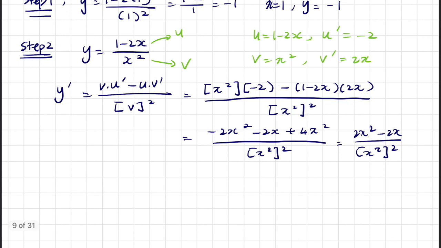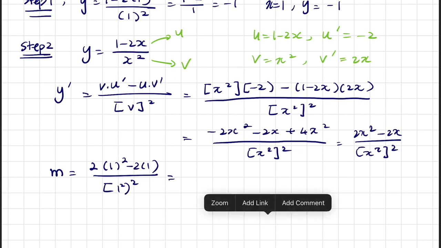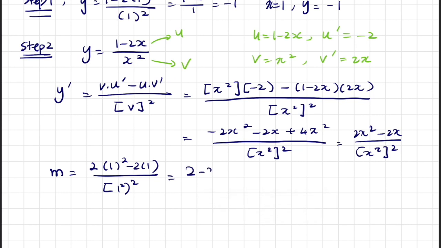Then we can find the slope of the tangent line by substituting the 1 into our derivative. Then we do (2 times 1 squared minus 2 times 1) over (1 squared) to the power of 2. Then we get (2 minus 2) over 1, so it's equal to 0, right?